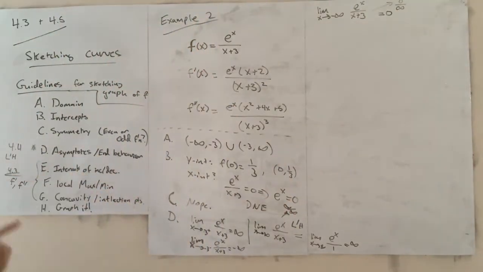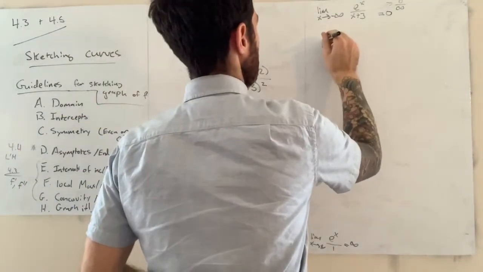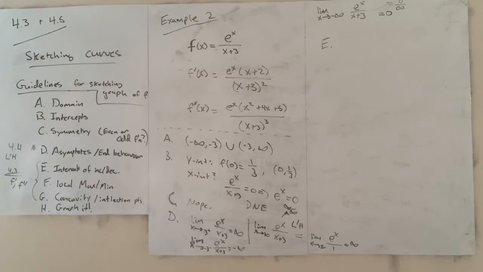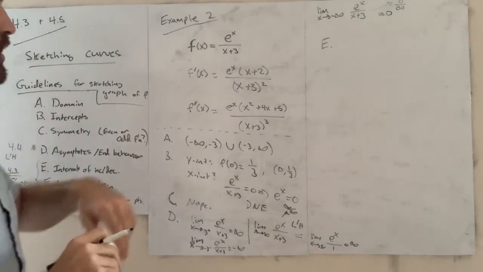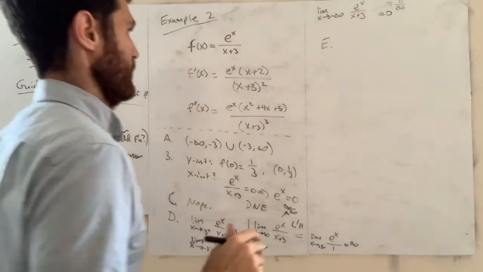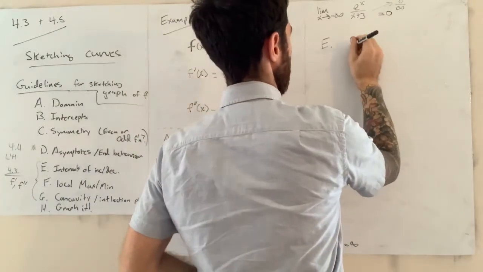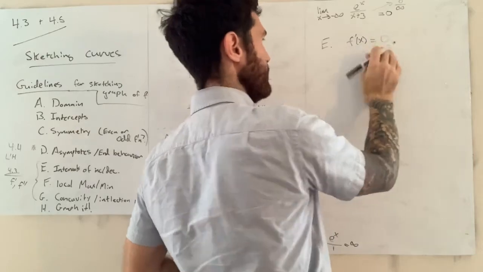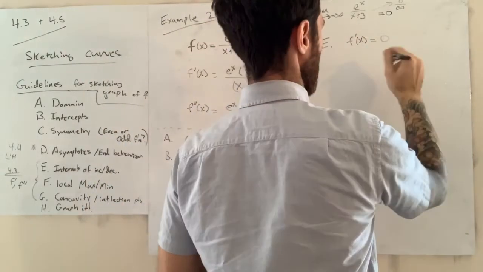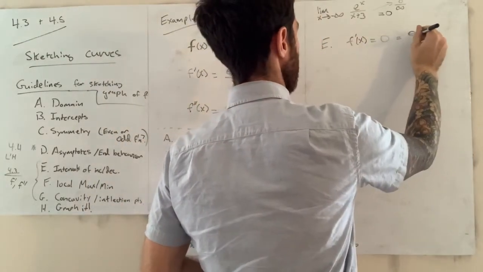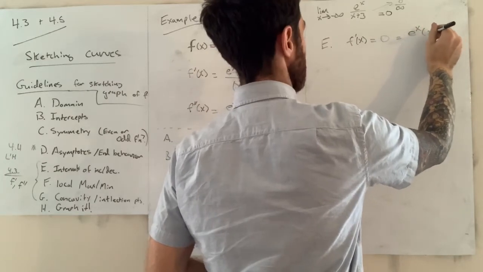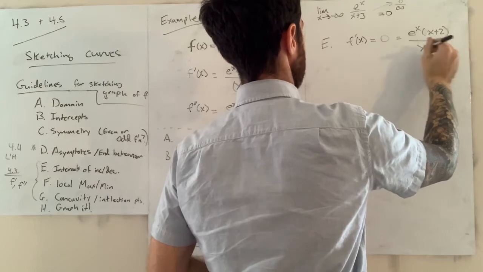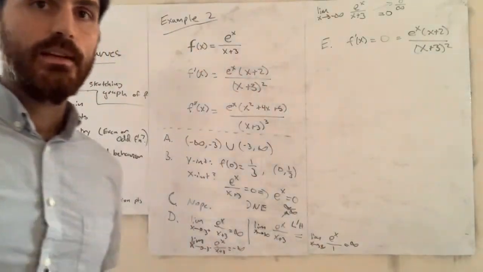Okay, so what else? Intervals of increase, decrease. Well, now we have to start using our derivative. So what we want to do is look at the first derivative and ask, when is that equal to 0? Well, that's going to be equal to 0 when e to the x times x plus 2, all divided by x plus 3 squared, is equal to 0.